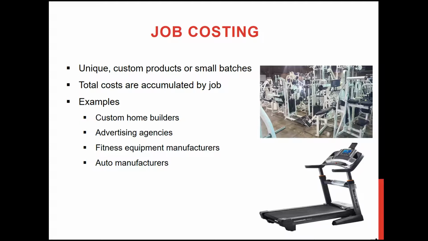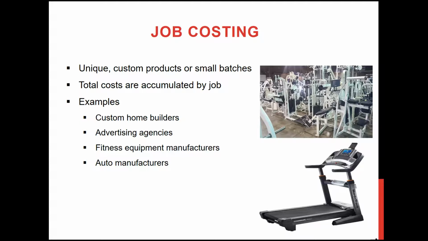So they usually do not average their costs like the other manufacturers, those who use process costing. For example, custom home builders or fitness equipment manufacturers. So here in this chapter, we will learn about job costing.